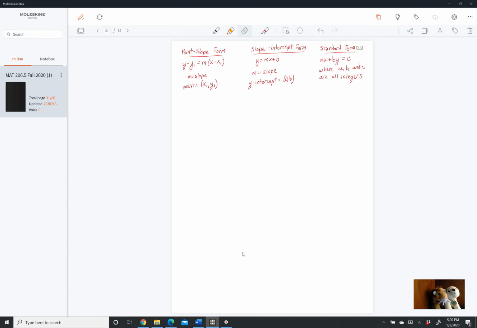Okay, so we can go from any form to another, except we can never take a line that we're given and put it into point-slope form. Okay, we can't do that. So we're going to just go back and forth between these different types of lines and look at how to convert from one to the other. Okay, and the way to do it is really to look closely at what the difference is between the equations. So we can go to slope-intercept and we can go to standard form.